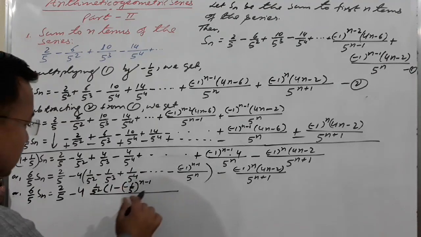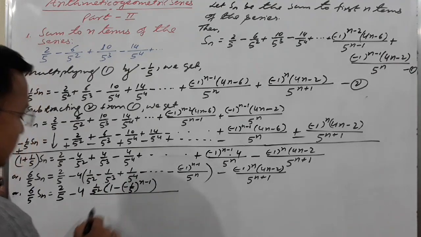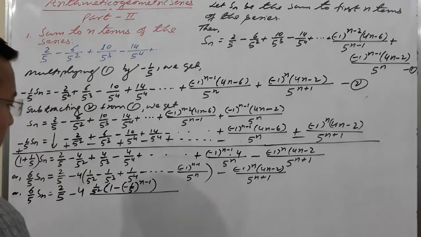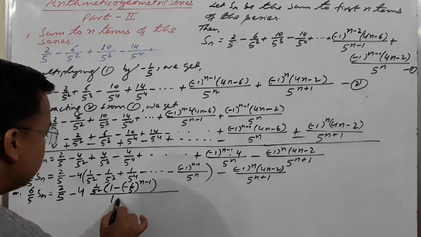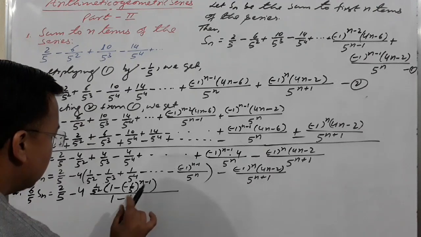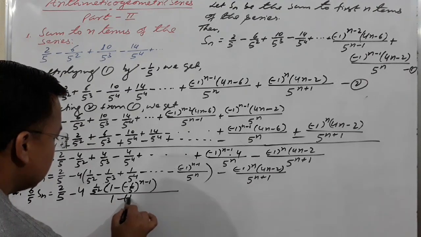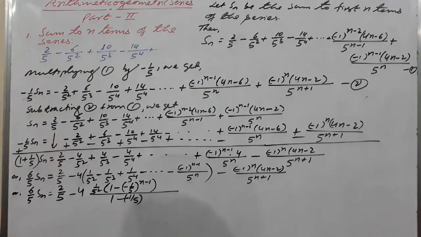You can count also, by making some relations, I have already explained, and 1 minus minus 1 upon 5.